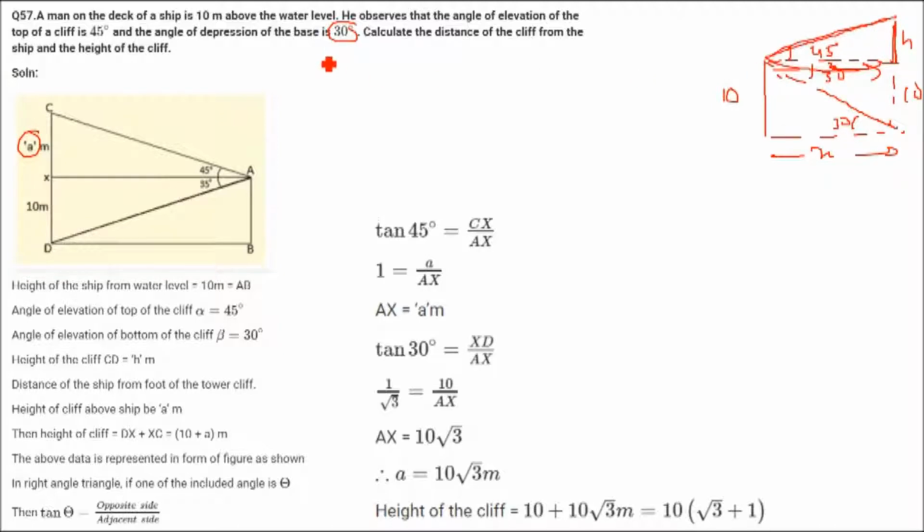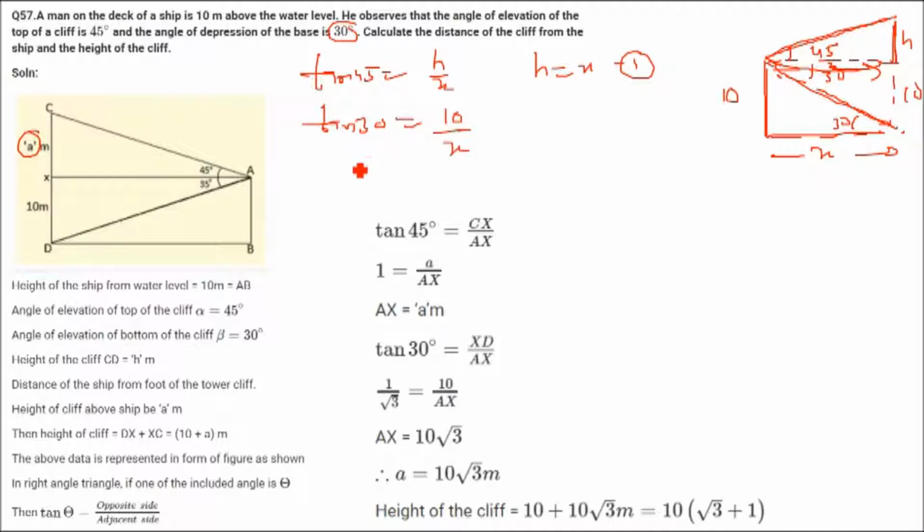Let us start with the first triangle. Here tan 45 will be equal to h by x, so h equals x, because tan 45 is 1. This is our first equation. Now coming to this triangle, tan 30 degrees is 10 by x.